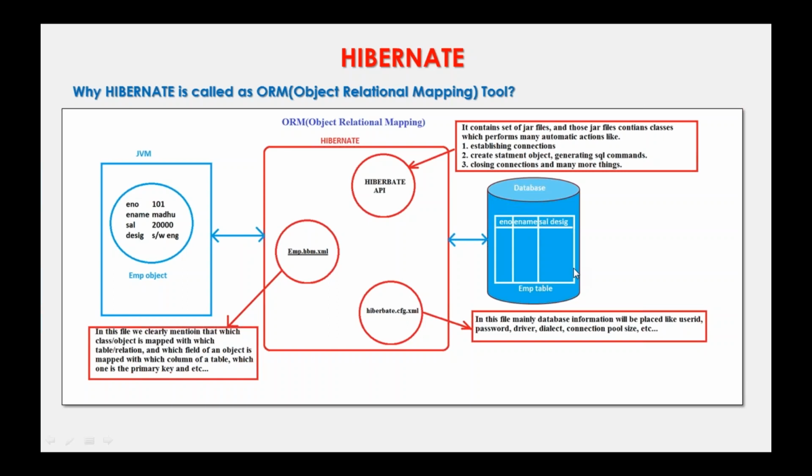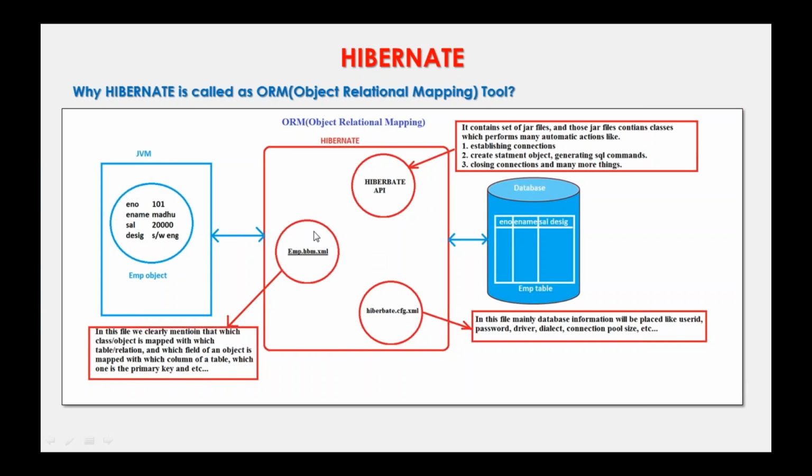Codd, you may have heard about that person. Codd told that a set of tuples is equal to a relation. One row is called a tuple. A set of tuples means a set of rows. A set of rows is called a relation, and what is the meaning of a set of rows? Table.